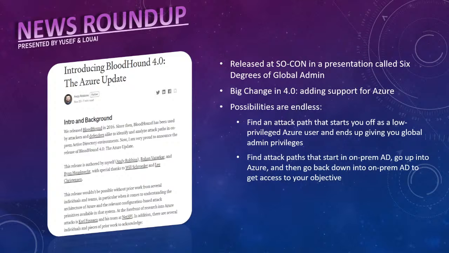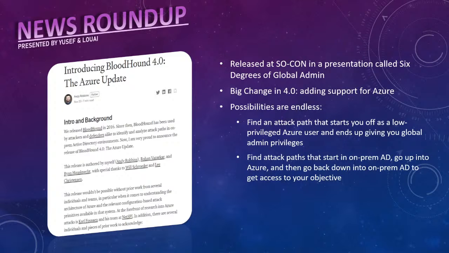But what's insane is that AzureHound and BloodHound 4.0 support both on-premises environments and cloud environments, so you can also find attack paths that start on-prem, go up all the way into Azure, and then go back down into on-prem.